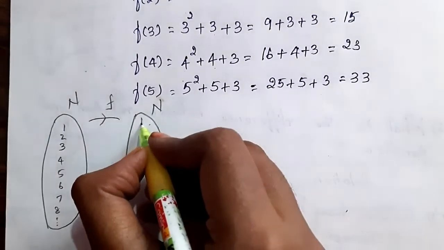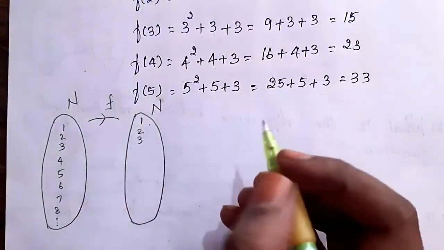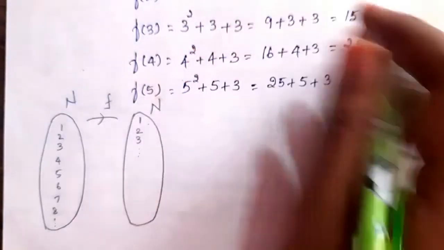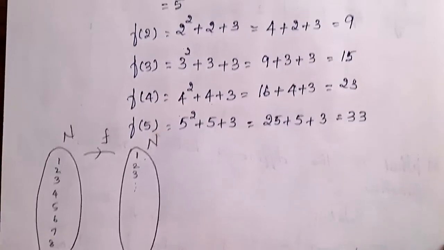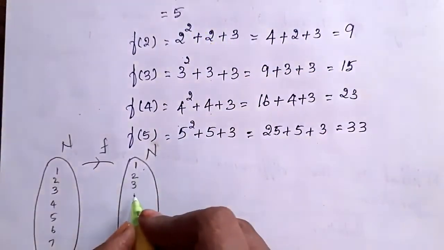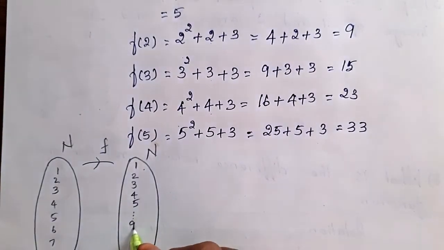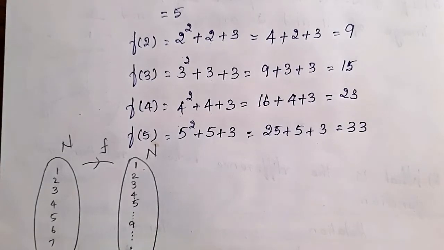It will start from 1, 2, 3. I am giving etc. because our first value is 5 here. So I can write 4, 5, then etc. Etc. means 6, 7 will come, 8 will come, then 9, etc. 15, etc. 23, etc.